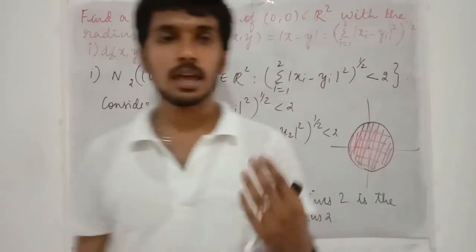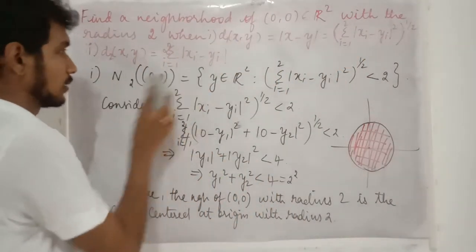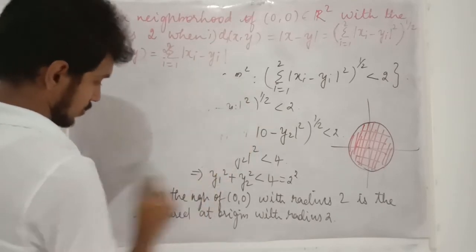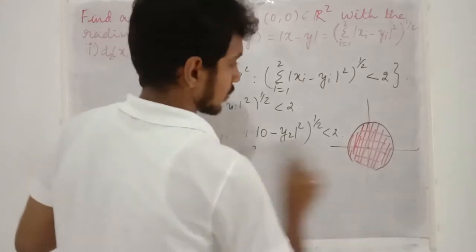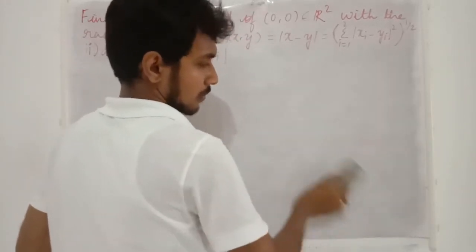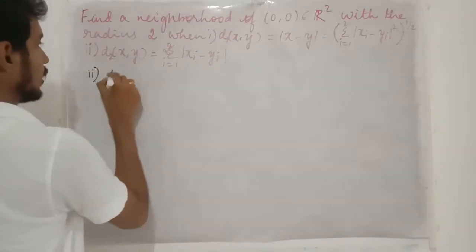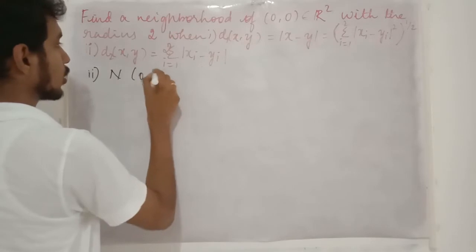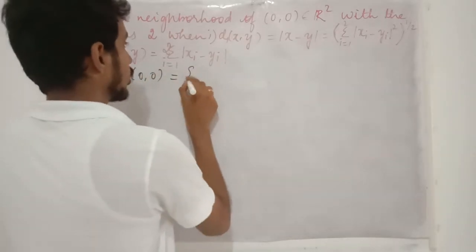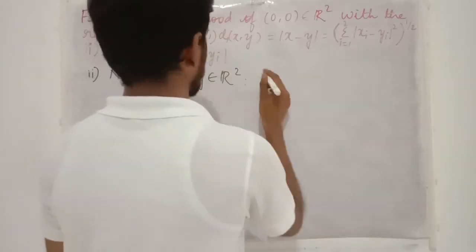Next, for the same case, we are going to see what happens when the considered metric is this. Here we are going to find out the neighborhood of (0, 0) with radius 2. It is going to be the collection of points in R2 satisfying this condition.